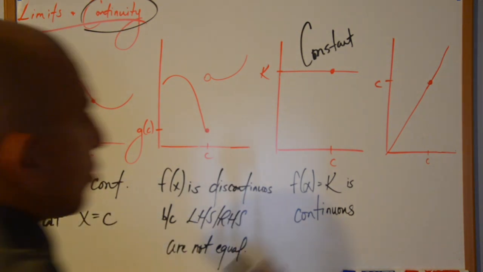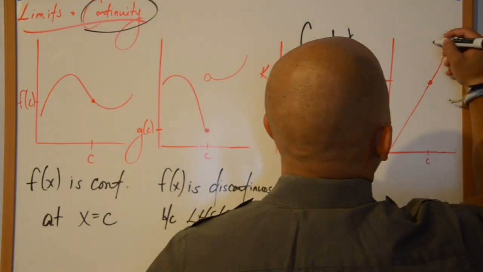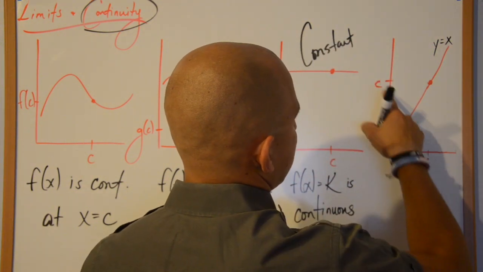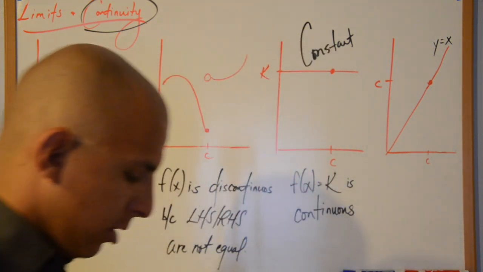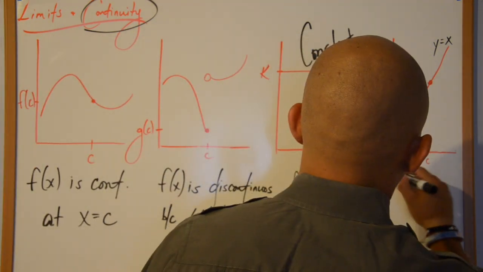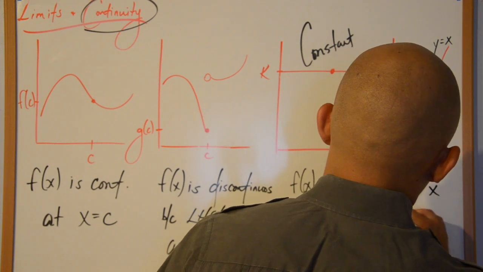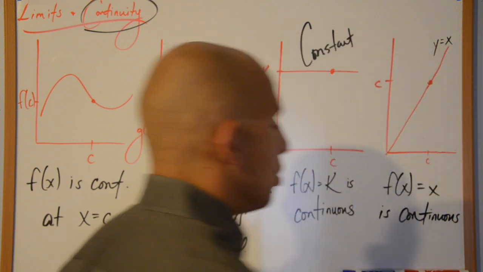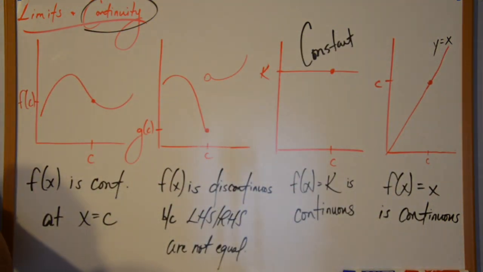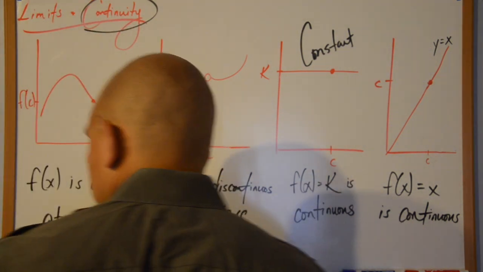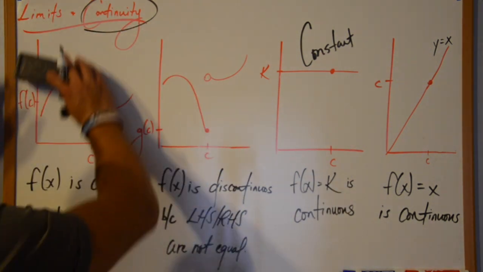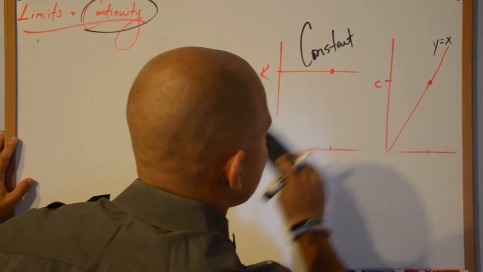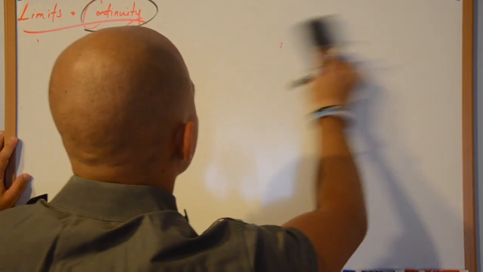And I started to run out of room, but this is supposed to model the line y equals x, since the input matches the output. And we can also see that this is continuous as well. So we really like continuous polynomials.